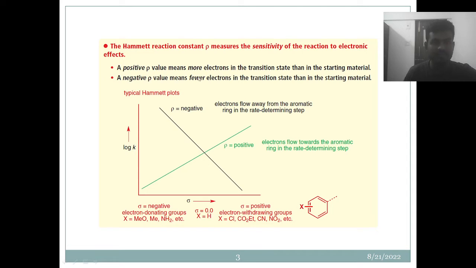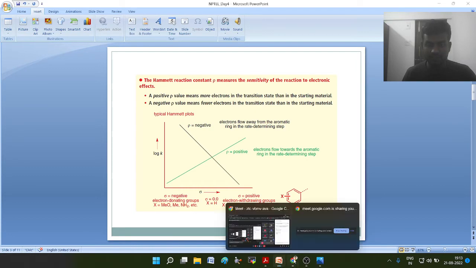I will discuss this, don't worry. I will show this for the alkaline hydrolysis of substituted ethyl benzoate. And a negative rho value means fewer electrons in the transition state than in the starting material. So let's discuss it a little more clearly.